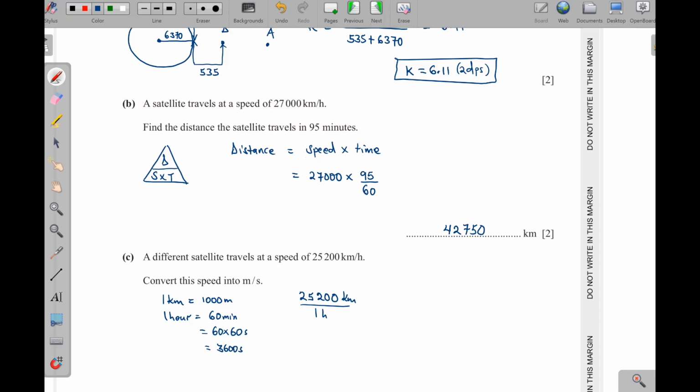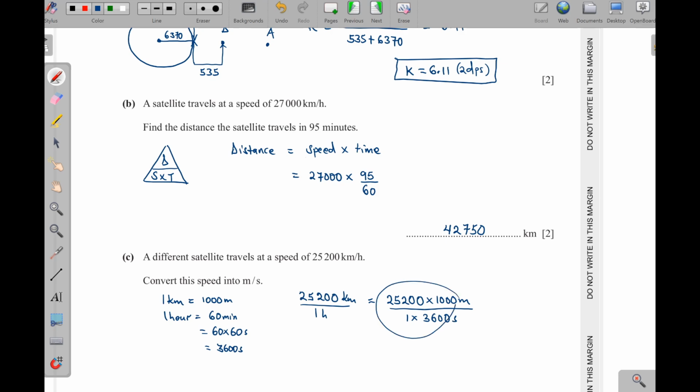If we say per hour, then that is 1 hour. Are we together? Now, kilometers, you convert them to meters. So wherever there is a kilometer, I'm going to put 1,000 meters. Then wherever there is hour, I'm going to put 3,600 seconds.